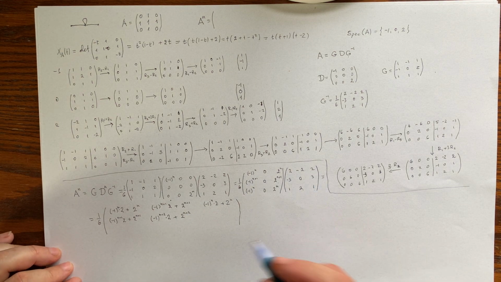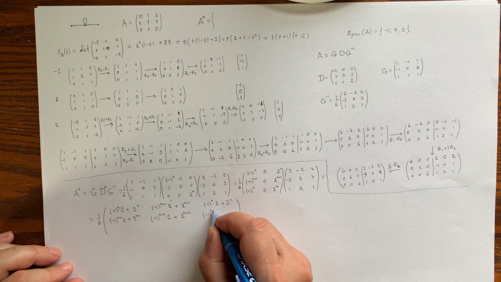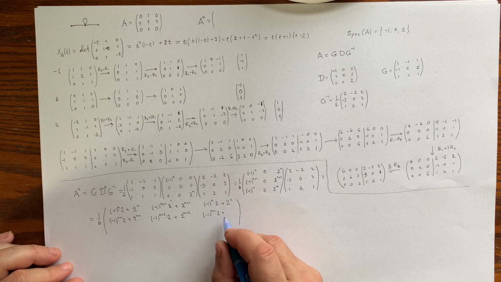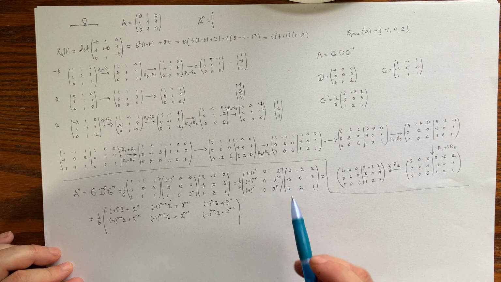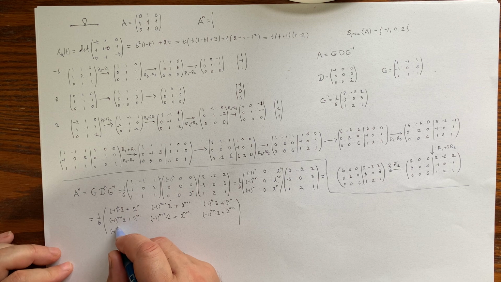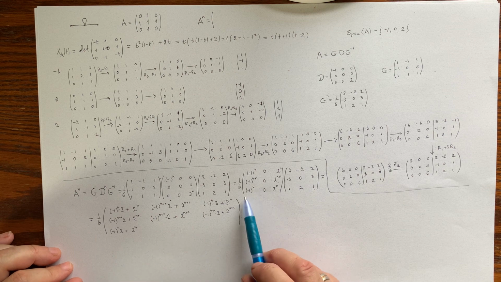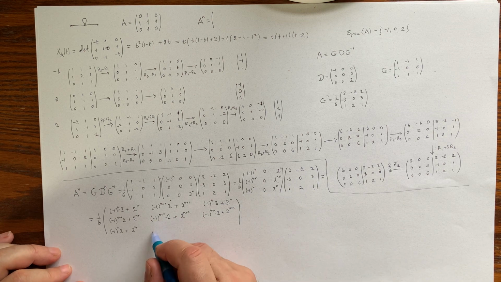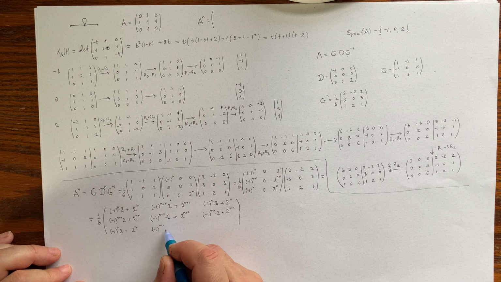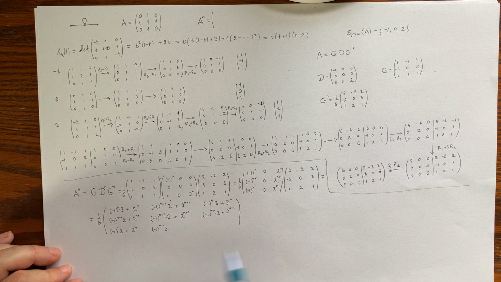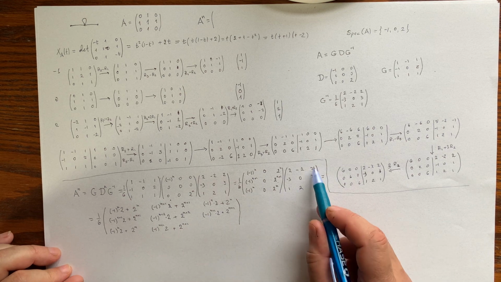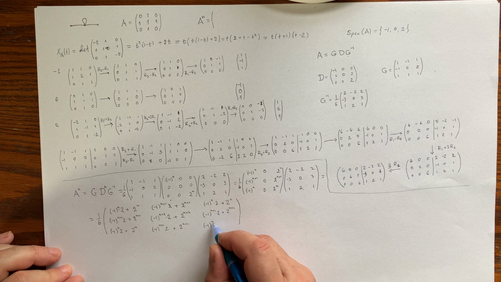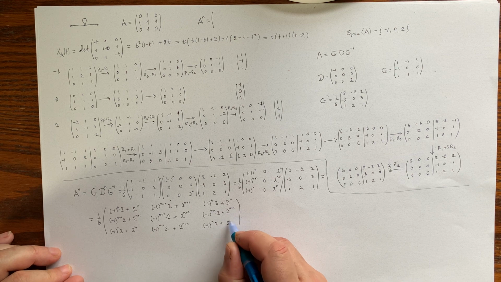This by that will give us -1 to the n plus first power twice plus 2 to the power n plus 1. That by this is -1 to the power n twice plus 2 to the n. Numbers repeat. This by that is -1 to the power n plus 1 twice plus 2 to the power n plus 1, and this by that is -1 to the power n twice plus 2 to the power n.